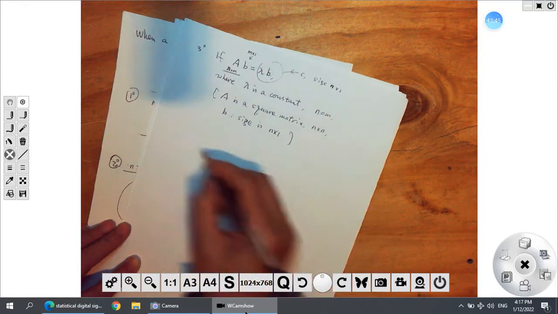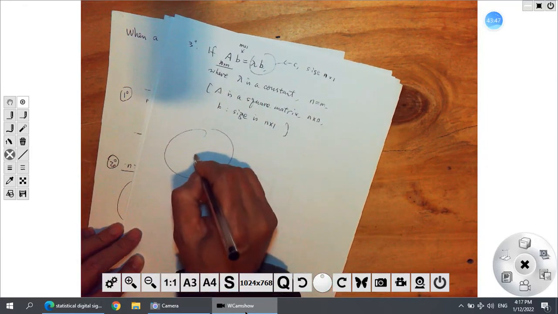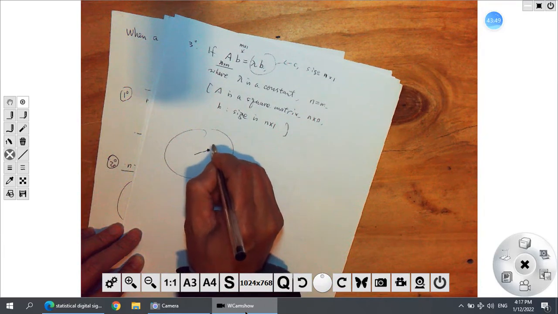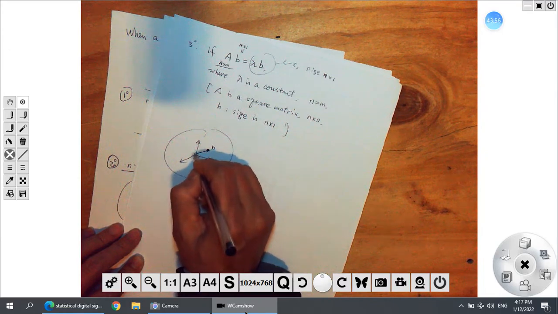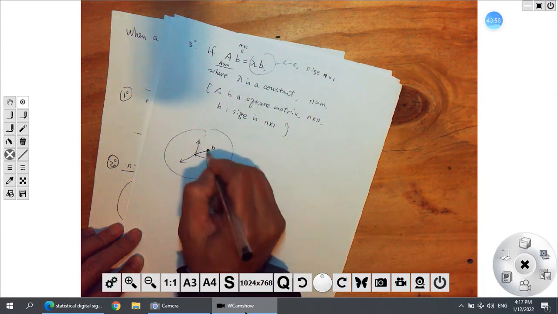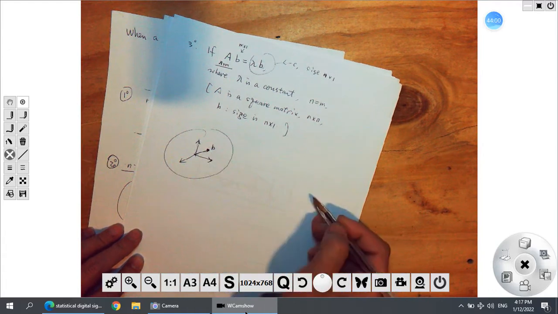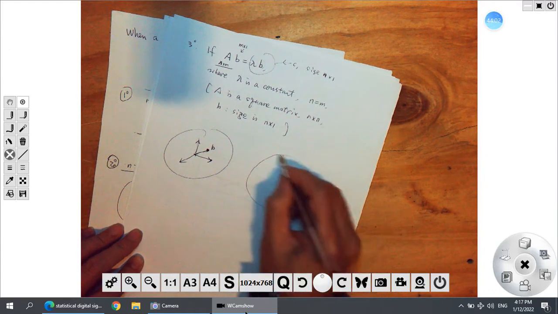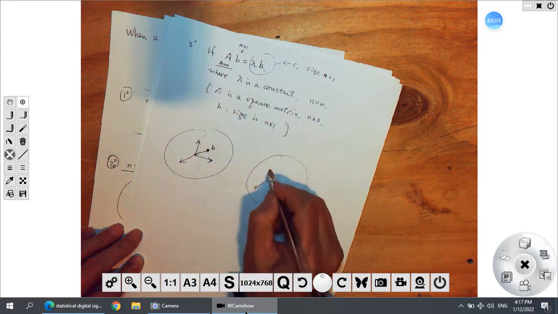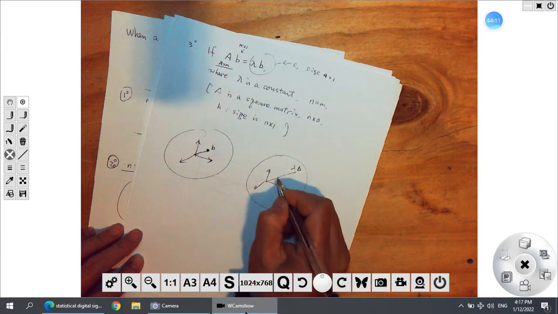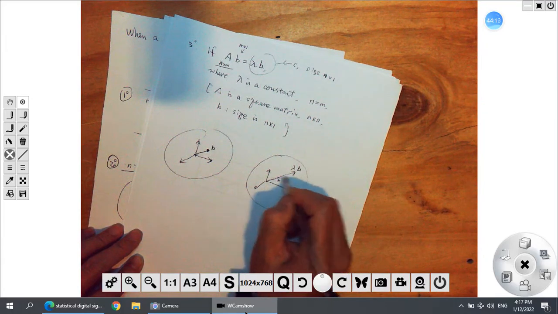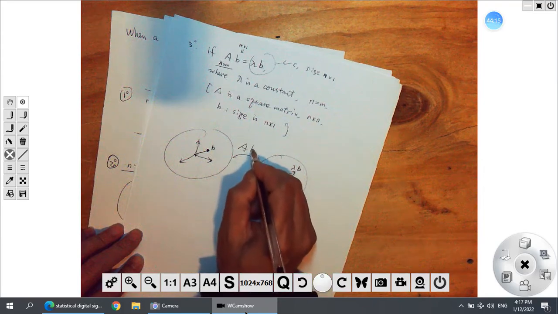So here you have a B, suppose you have some axes, here just suppose 3 axes. This is B. Then on this side, A times B will be lambda times B. This is B, and lambda times B. Here's A times B, you will get this one.